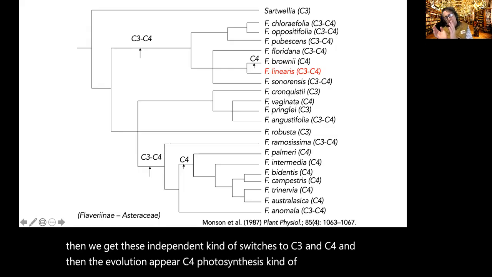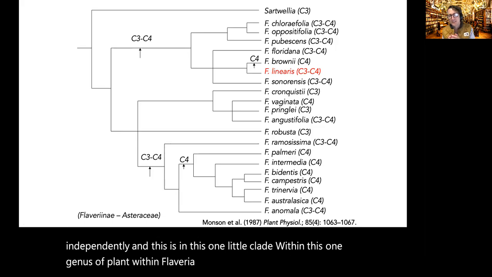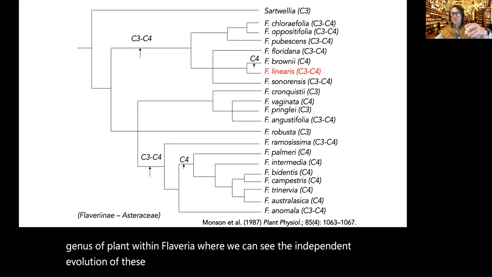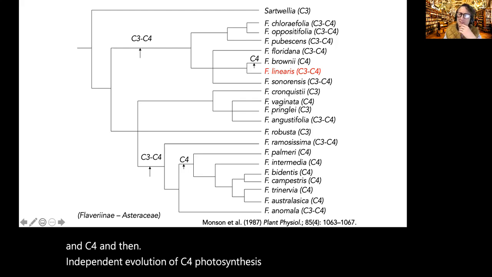And this is in this one little clade within this one genus of plant, Flaveria, where we can see the independent evolution of these intermediary lineages that have both C3 and C4, and then independent evolution of C4 photosynthesis just within this one little clade.